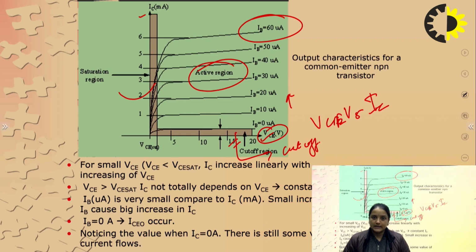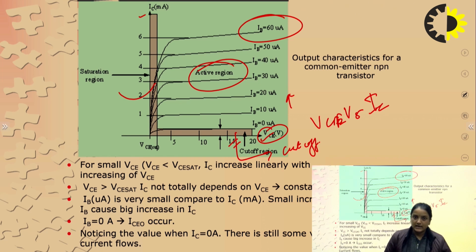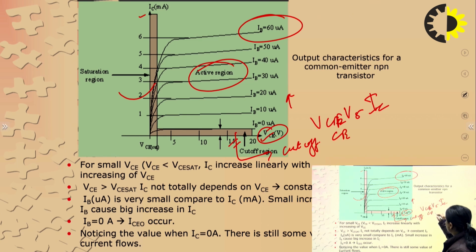In the next lecture I will cover the next configurations, which are common base and common collector configurations, and the analytical part in which we will derive the parameters of BJT, which are input resistance, output resistance, power gain, voltage gain and finally current gain, because current gain is also different for all three configurations, which are particularly for common emitter it is alpha, for common base it is beta, for common collector it is gamma.